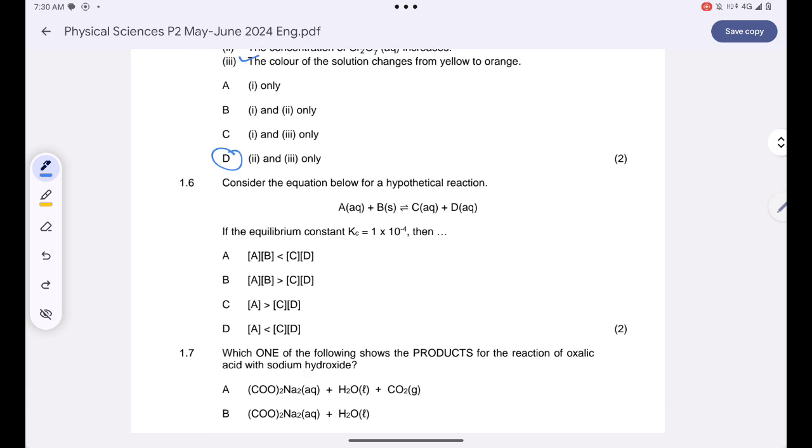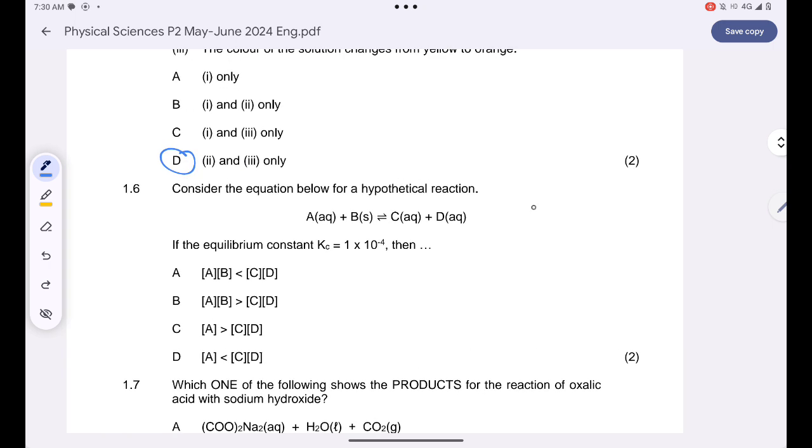Okay, now I'm told to consider the equation below for a hypothetical reaction. And then you're told that the equilibrium constant for this reaction is 1 times 10 to the power negative 4.